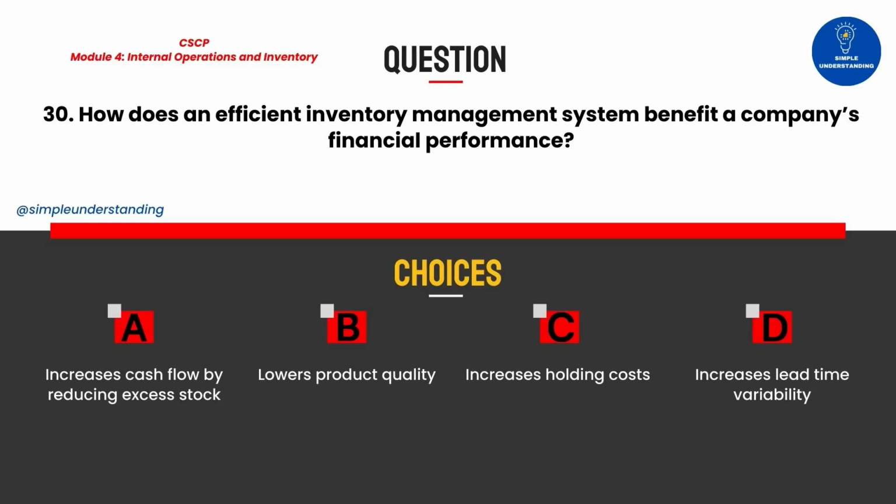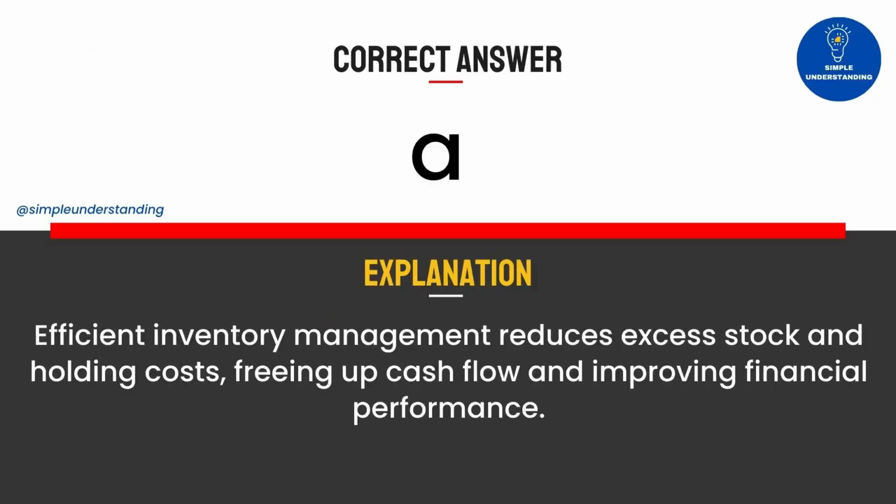Correct answer: A. Explanation: efficient inventory management reduces excess stock and holding costs, freeing up cash flow and improving financial performance. These questions cover key concepts related to internal operations and inventory management, focusing on aspects like efficiency, inventory models, production processes, and optimization strategies.